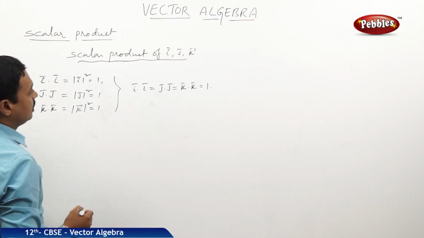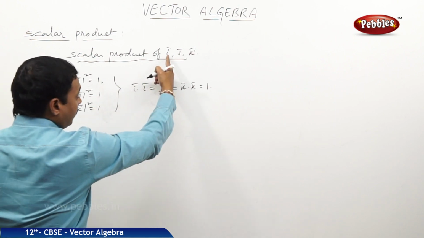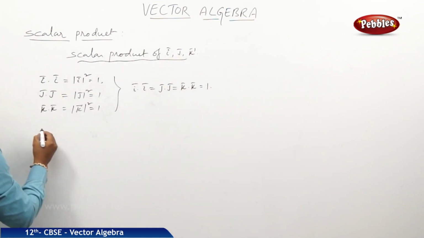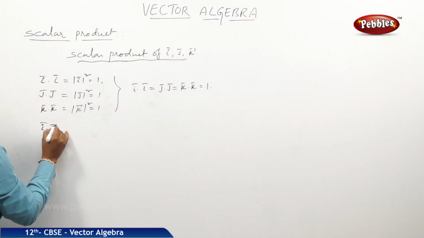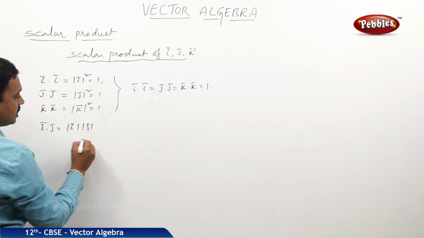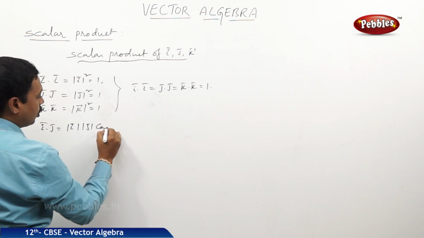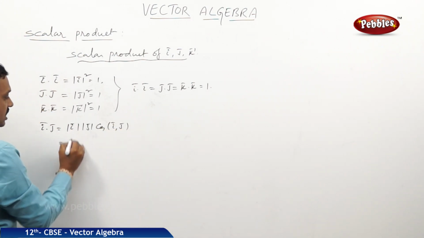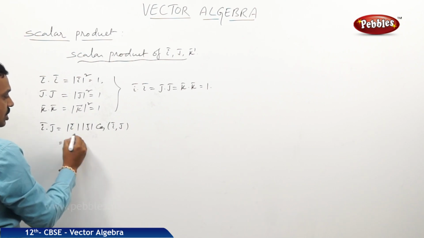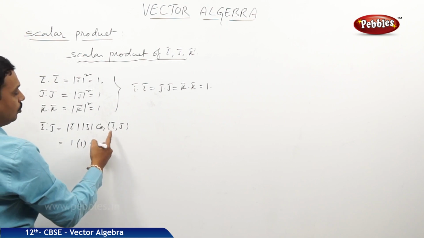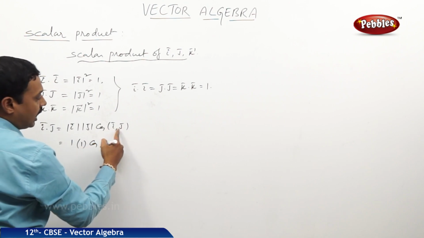Suppose, let us take the dot product between i and j, j and k, i and k. What happens? i dot j is equal to modulus of i vector, modulus of j vector, into cos of the angle between i comma j. Modulus of i vector is 1 since it is a unit vector. Magnitude of j vector is also 1, into cos of the angle between i comma j.